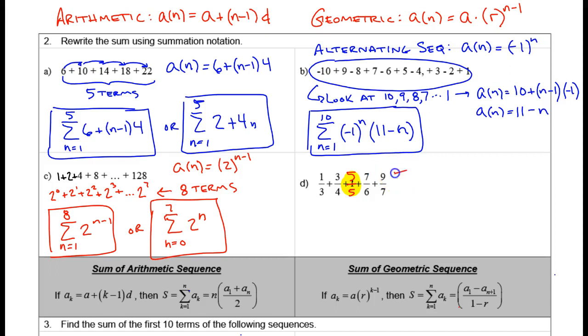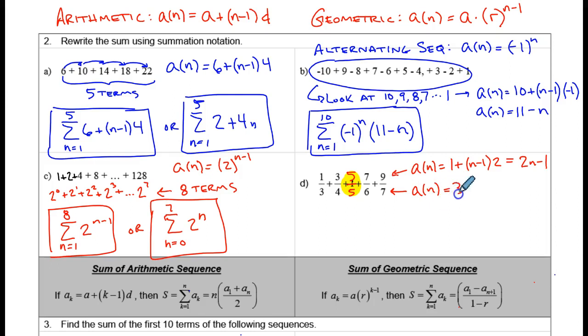And now it's pretty easy to see that our numerator increases by 2 every time. It's an arithmetic sequence that starts at 1 and goes up by a common difference of 2. I can rewrite that as 2n minus 1 when you distribute out the 2 and simplify. The denominator is also an arithmetic sequence.